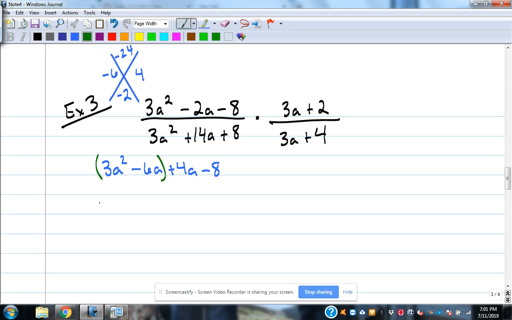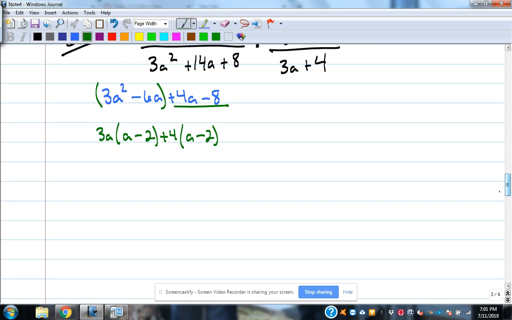First two together, 3a times a minus 2, second two plus 4 times a minus 2. So the numerator of the first fraction is 3a plus 4 and a minus 2.